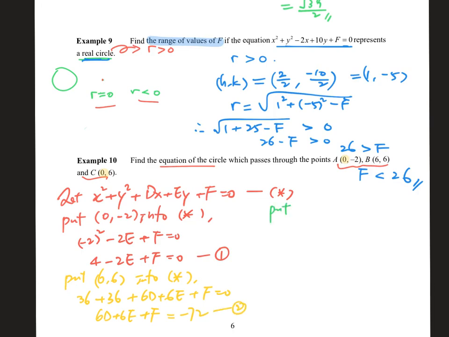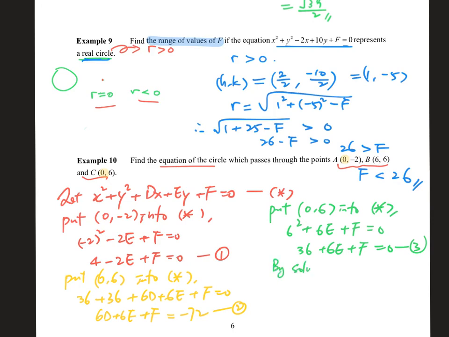Finally, the third one I put in green, putting 0, 6 into star again, which gives you 6 squared, plus 6e, and f equals 0. That's why 36 plus 6e plus f equals 0, which is equation 3. Now, can you pick two equations to solve first, but make sure that it's easy enough? Yes, that's good.